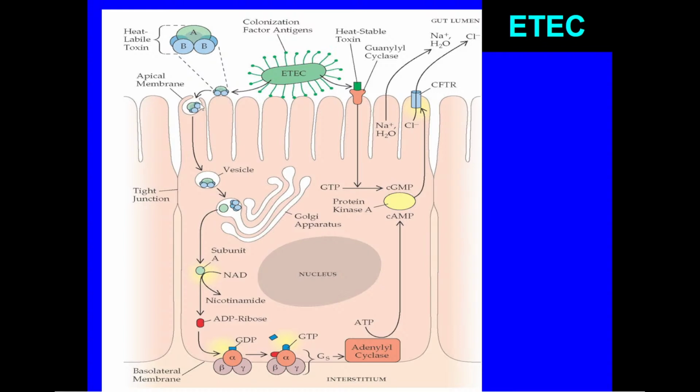By the B subunit, this toxin binds with the microvilli and is taken up inside the cell, and then from the vesicles the B subunit lets the A subunit be released, and the A subunit activates adenylyl cyclase, and it leads to the accumulation of cAMP and protein kinase, and then it results in the release of water and some electrolytes, sodium and chlorine ions, and prevents the resorption of sodium.